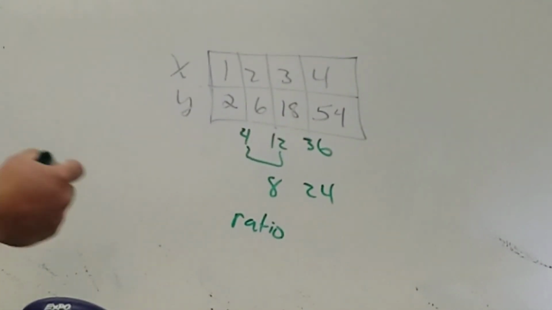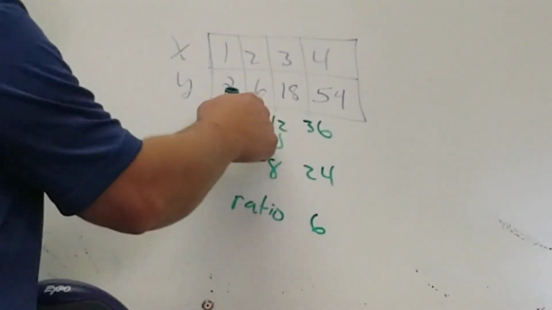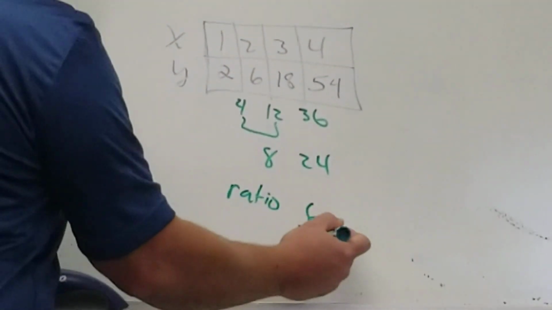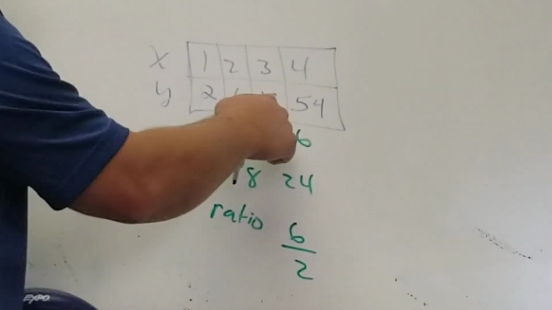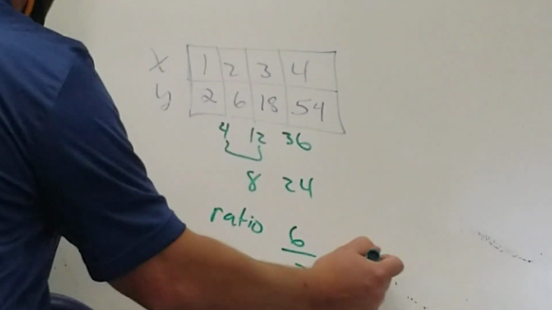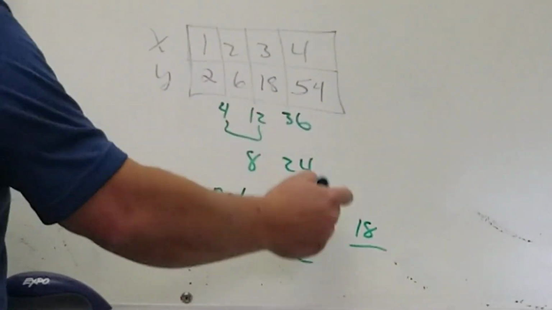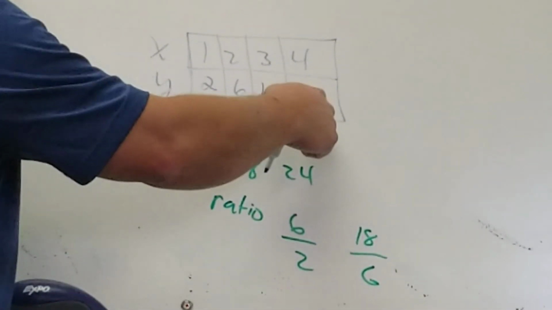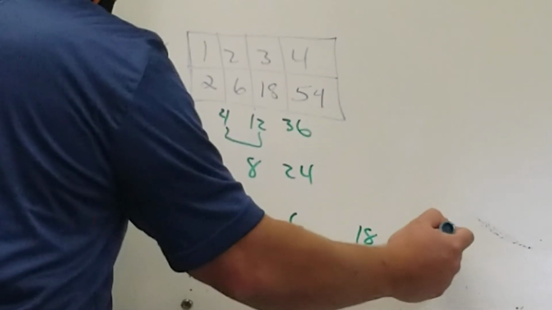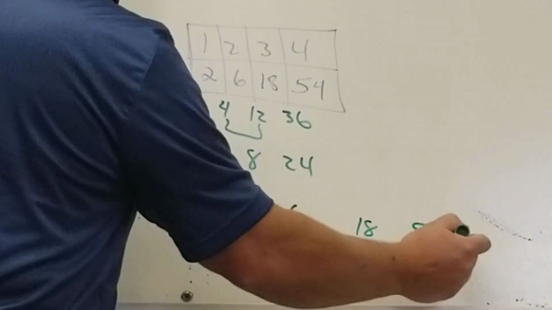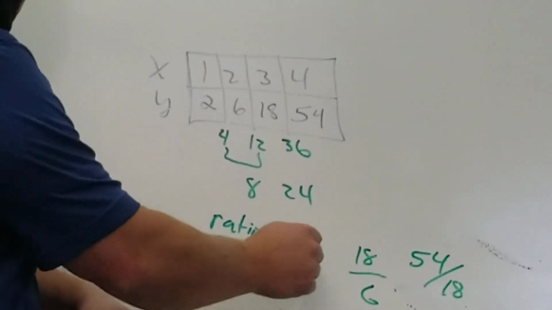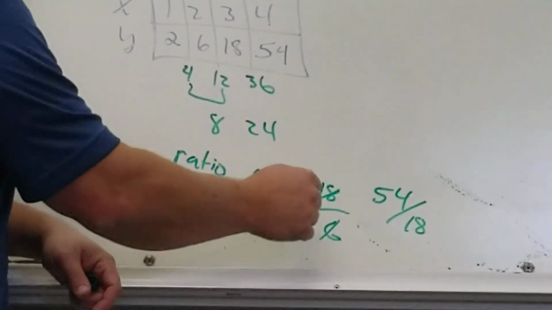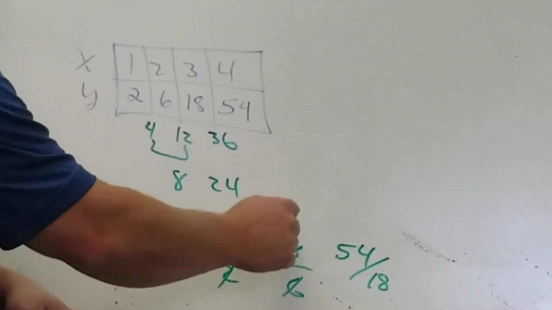What I mean by that is I'm going to take 6, that was the second, divided by the first, 2, and I'm going to compare that to the third, 18, divided by the second, 6. I also could take 54 divided by 18. Well, what's 6 divided by 2? What's 6 divided into 18? 3.